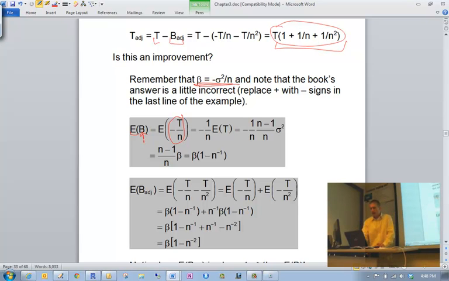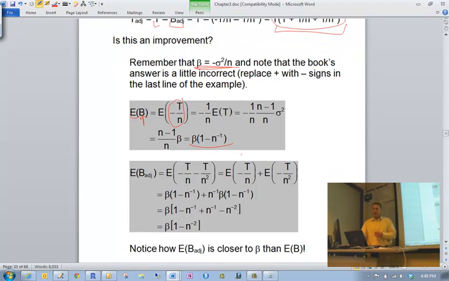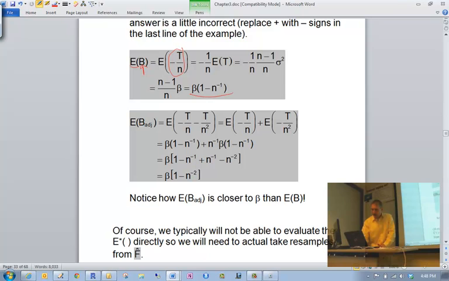If you do that, you get beta times 1 minus 1 over n. I can do exactly the same thing with b adjust. We found that to be a function of a random variable, or statistic t. Again, take the expected value of it just with respect to F itself. And we get beta times 1 minus 1 over n squared.